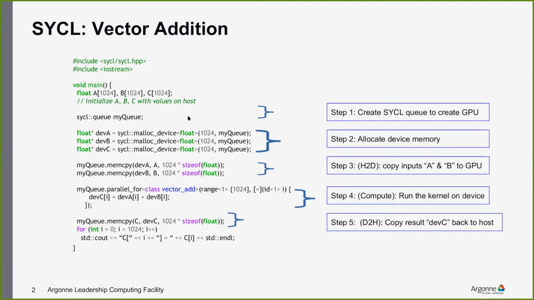You'll see SYCL queue, and you will see a lot of this if you interact with the SYCL programming model. As usual, you allocate device memory for A, B, and C. You copy data from host A and B to the device A and B that you just allocated, launch the kernel, copy the results back to C on the host, and print it out. If you're familiar with any GPU-based programming model, all the steps are pretty much the same. It's just the syntax, which I will talk about how to automatically port.